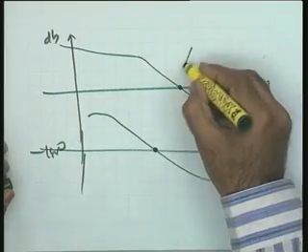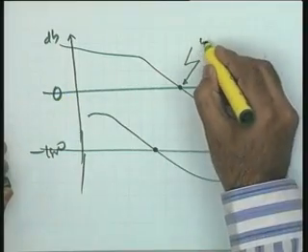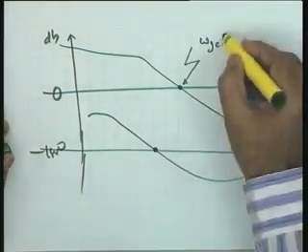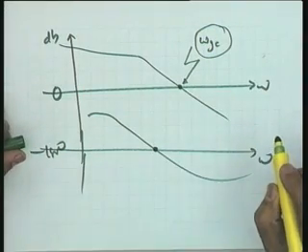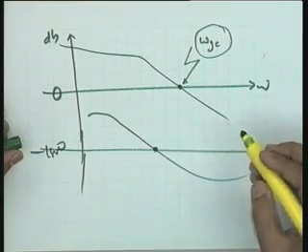The point at which the magnitude is 1, which is equivalent to 0 dB, is omega gc, the gain crossover frequency. This is the important specification, you see, because it is a function of omega n and zeta for a standard second order system.